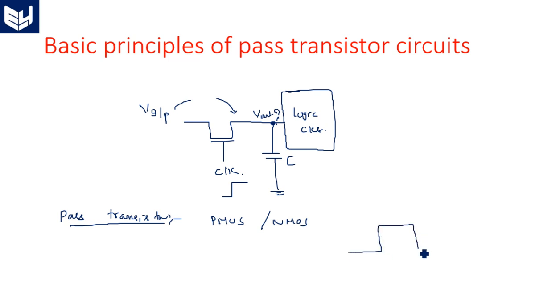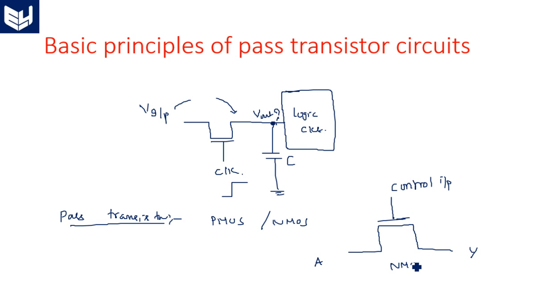So simply it is a transistor which is connected between input, something like A, and output Y. And here we have a control input. This is of NMOS type.